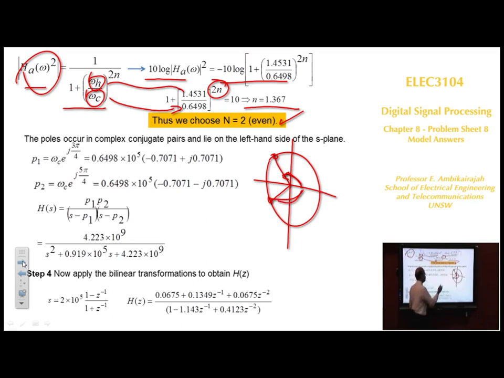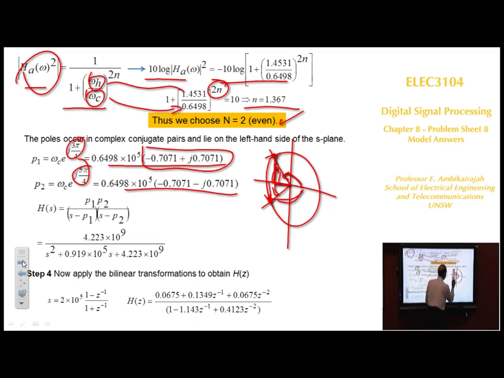Or you could go this way pi over 4, that way pi over 4 as well, which you have done already. You find the pole positions from chapter 7, which is that distance, and that's pi over 4. Or minus pi over 4 as well, that is that distance and that one.